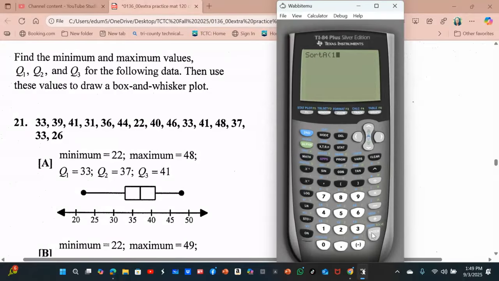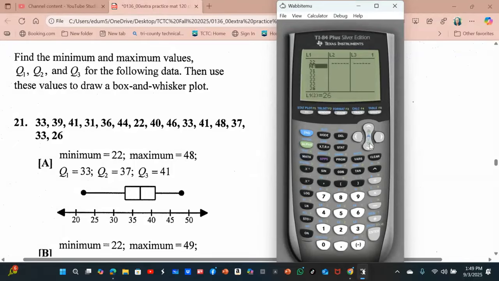Okay, I need to put L1 in there, not 1. Data is in L1, second L1, close parenthesis. I hit enter, and let's see if it is sorted in ascending order. Yes. So the minimum number is 22.